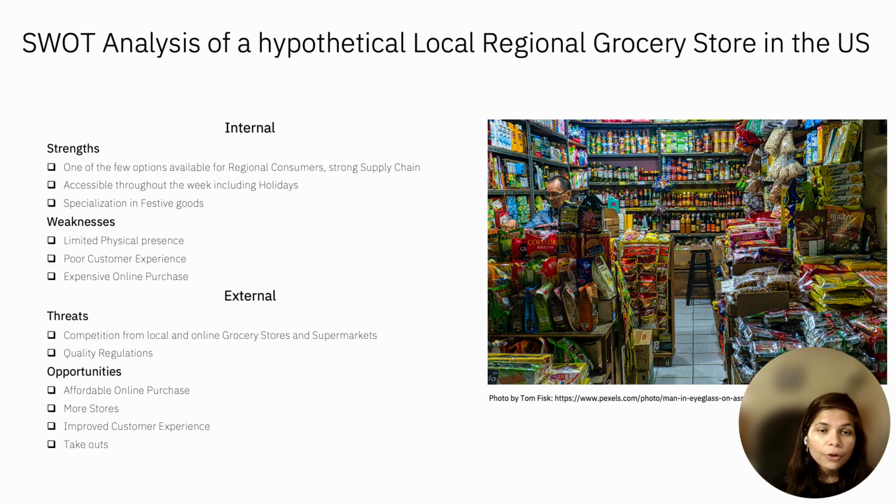Another strength could be, for example, if the grocery store is open throughout the week, including holidays. That can be a big strength because most of the local stores would not be open beyond regular week hours on weekends, and most of them are closed on holidays.